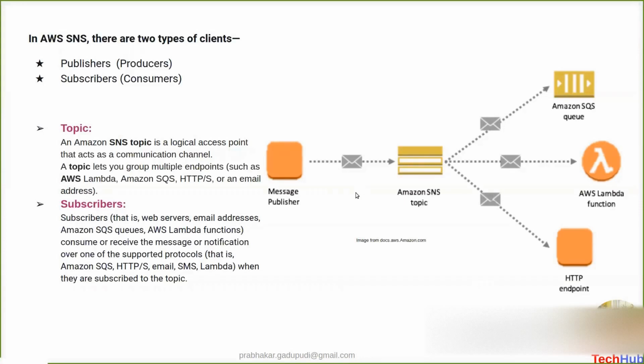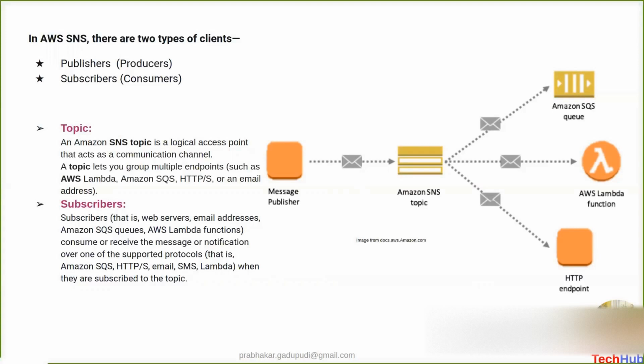I will take another example here. Suppose I'm buying something from Amazon or maybe Flipkart. If I buy a mobile from Flipkart, there are a lot of services that act as subscribers, like the delivery agent, the delivery distributor and the end customers.